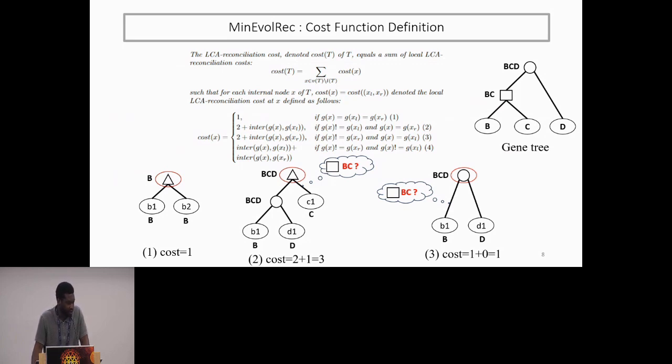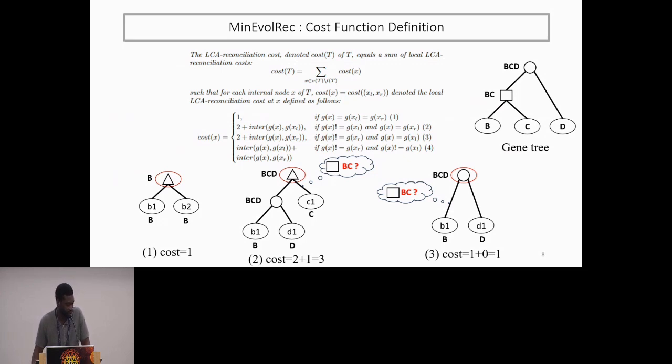In example 2, if the node x is also a creation event, and one of the children does not have the same label as x, then the cost is 2 plus the number of gene losses in the path between the gene x and the gene of the child. The 2 is first for the creation event, and secondly for the transcript copy lost in the current gene.